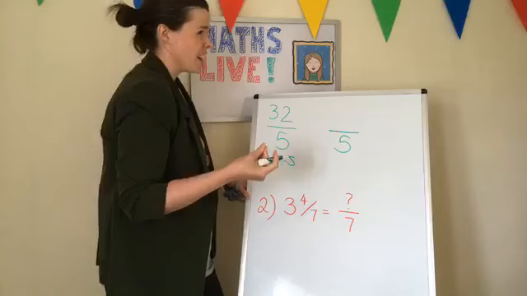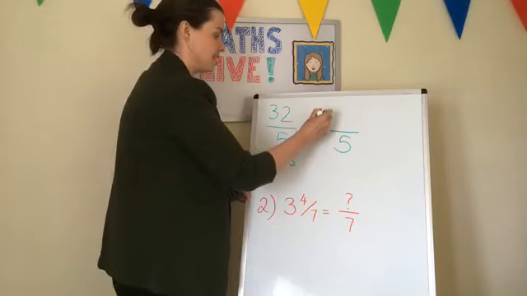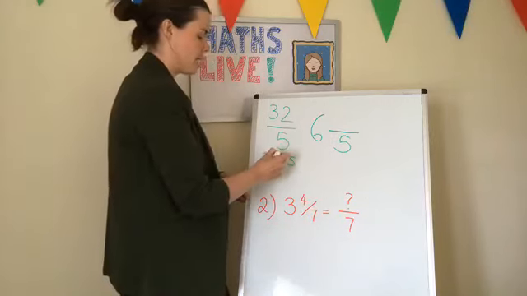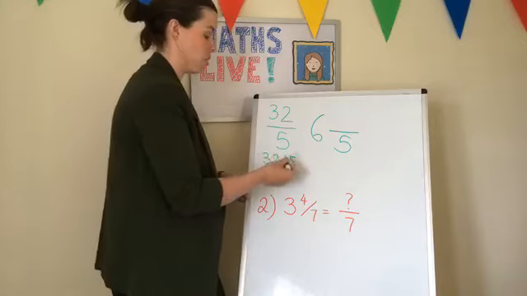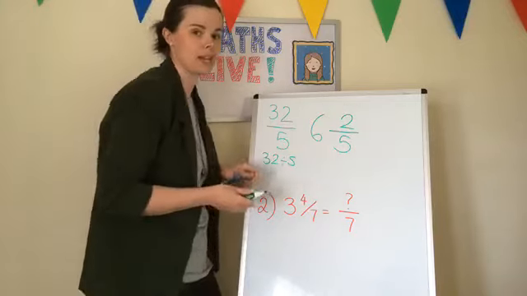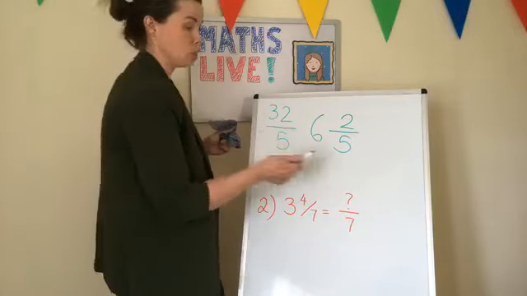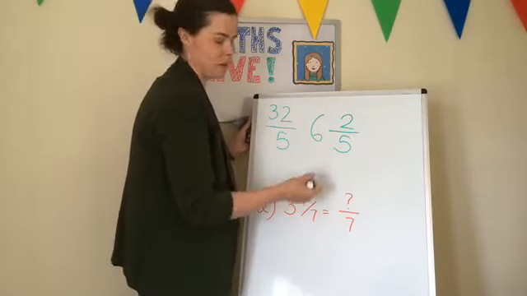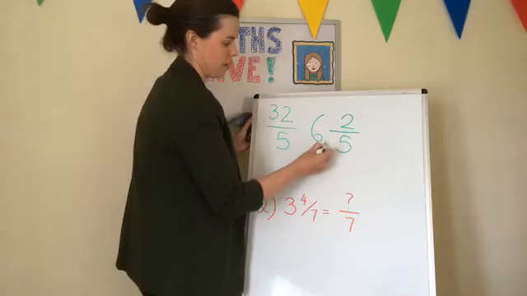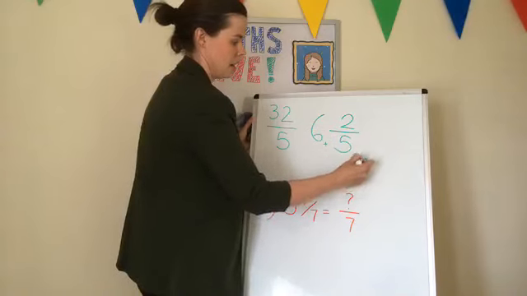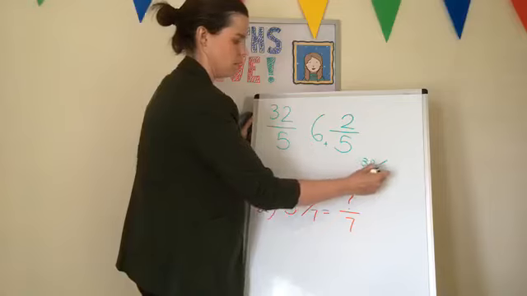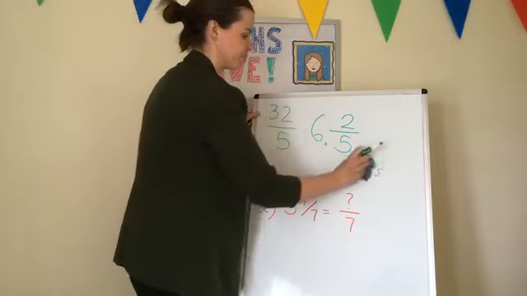We know that 6 5s are 30, so there's 6 wholes, and because we want 32, there's 2 remainders. And you can check this by doing the inverse: 6 times 5 is 30, plus my 2 is 32, so 32 over 5.